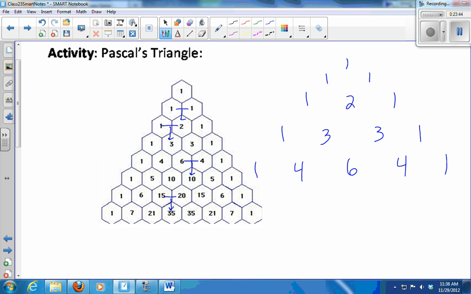Does this make sense? Okay, so this is how you build Pascal's triangle. And there are like millions of patterns in here. You could spend days and days finding more patterns in this thing.